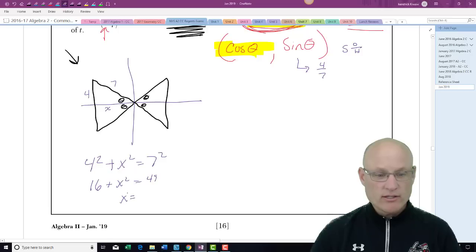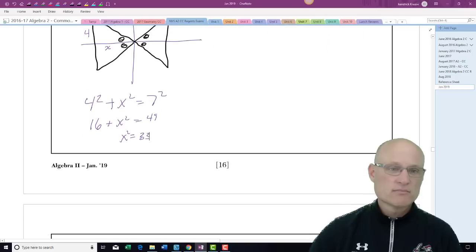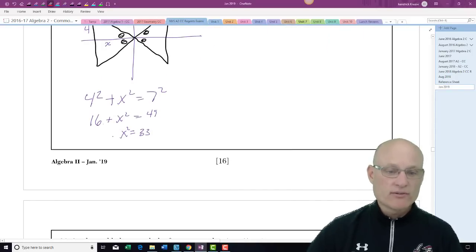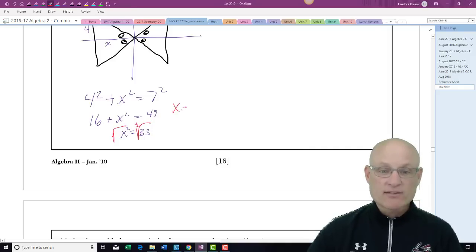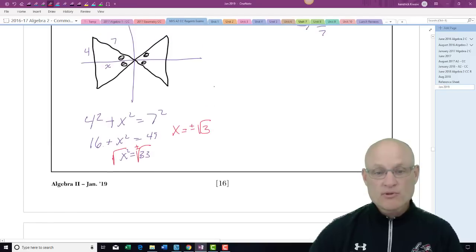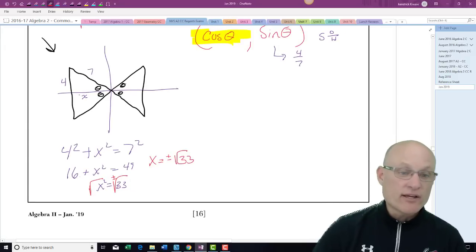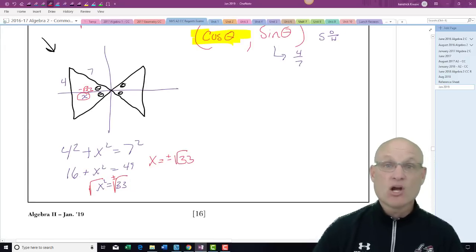X squared equals 33. Now here comes the tricky part, chillin'. You got to take the square root of both sides. And you got to remember, when you take the square root, you put a plus or minus. So x is equal to plus or minus the square root of 33. But since we're in the second quadrant, wouldn't you have to say that this value right here is negative radical 33? Oh, yeah.